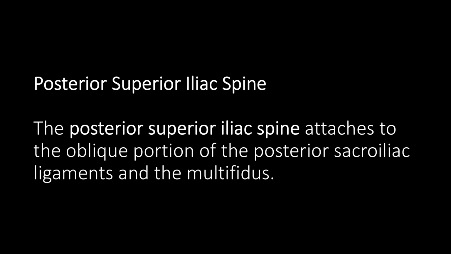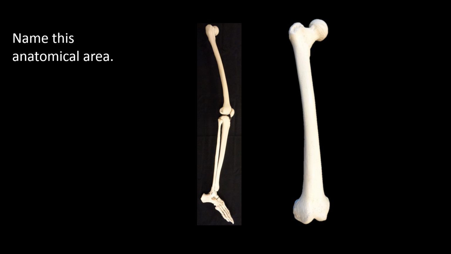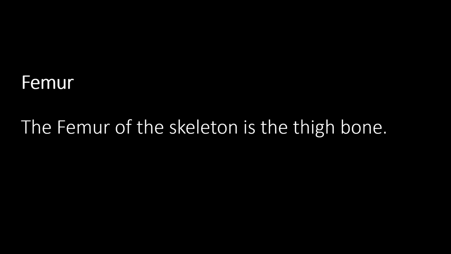Posterior superior iliac spine. The posterior superior iliac spine attaches to the oblique portion of the posterior sacroiliac ligaments and the multifidus. Name this anatomical area. Femur. The femur of the skeleton is the thigh bone.